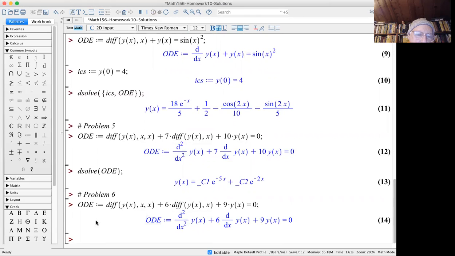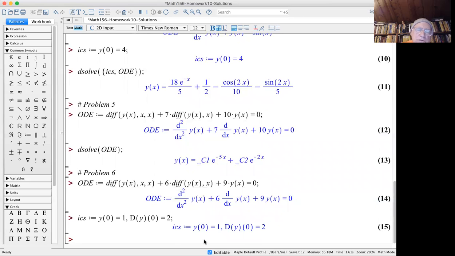There are 2 of them. So ICS, y at 0 is equal to 1. And the derivative of y at 0 is equal to 2.